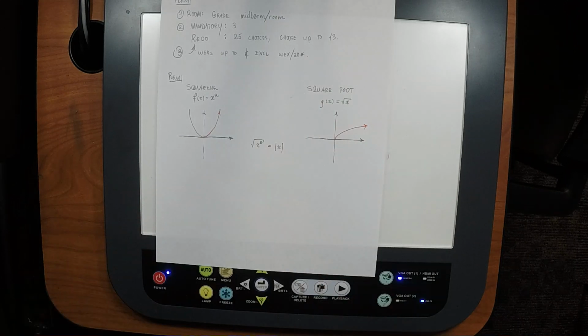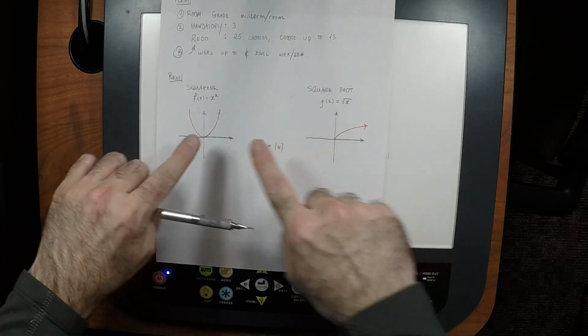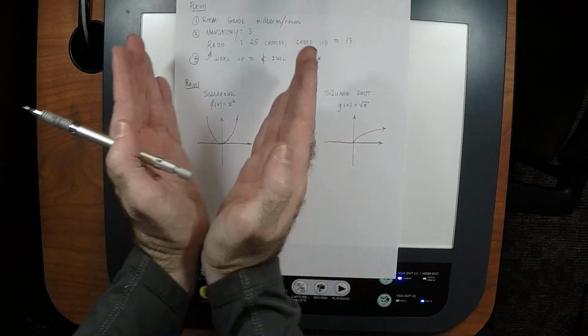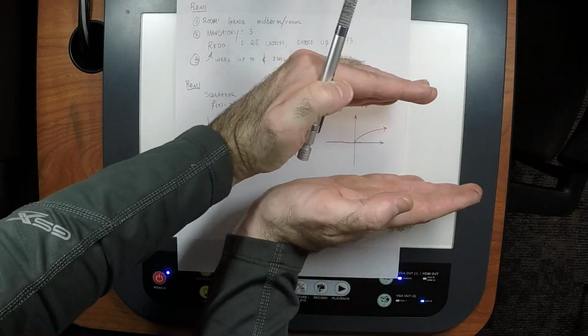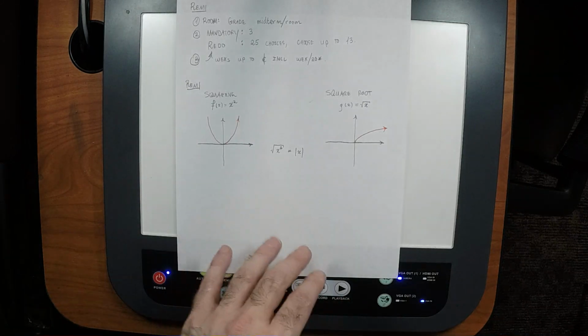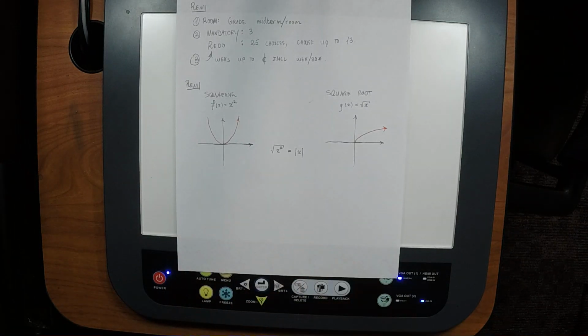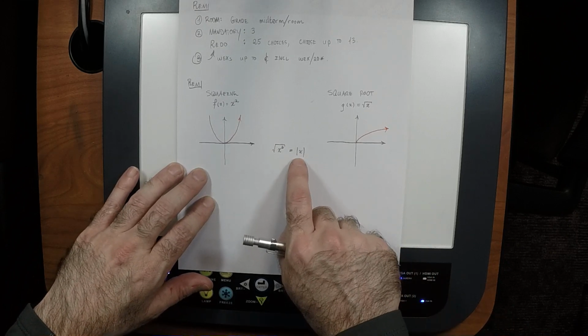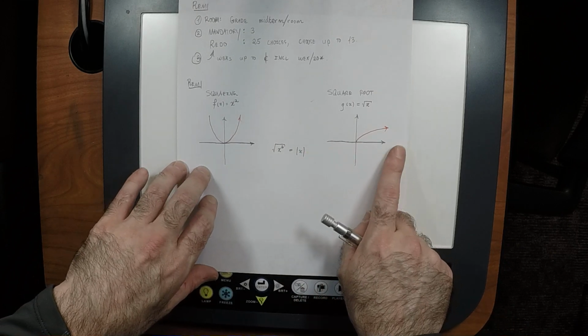You don't get x back. In the end, the fact that these two pictures are dissimilar, in the sense that this one has two halves, but that one is sort of like missing a half. That's the reason why. Well, it's not the reason why, but the reason why this is absolute value is the same reason why this one only has half.